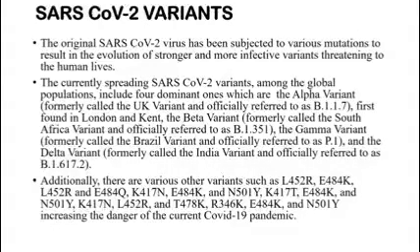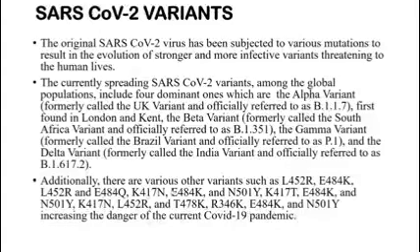Luckily, we are now controlling the situation, but in the first place, our total deaths were limited to 30. Now it's really high because of these highly infective and strong variants coming. Additionally, there are various other variants such as L452R and E484K, increasing the danger of the current COVID-19 pandemic.